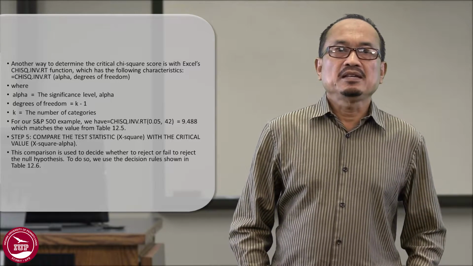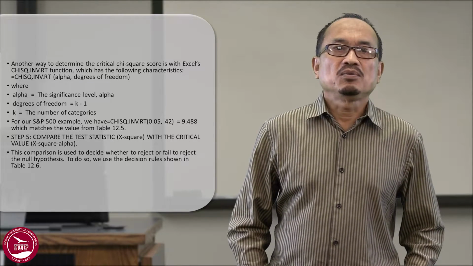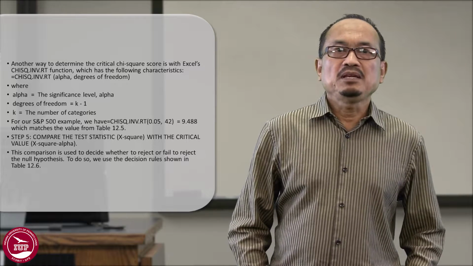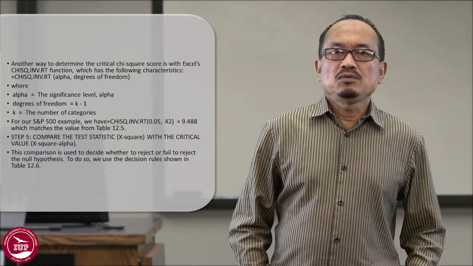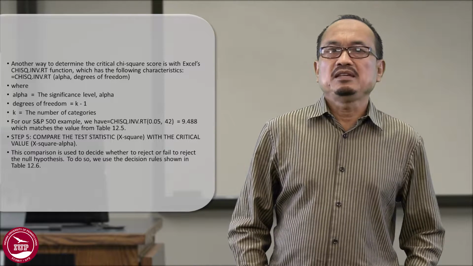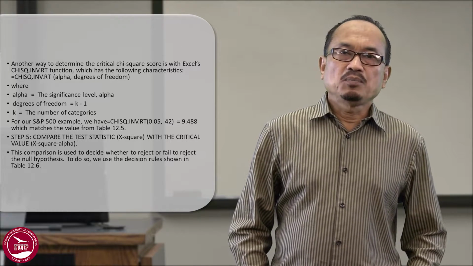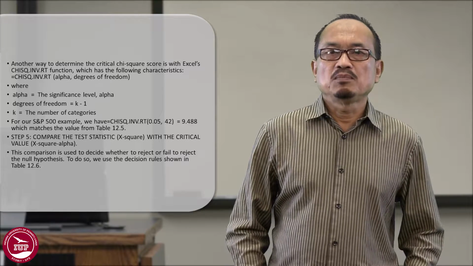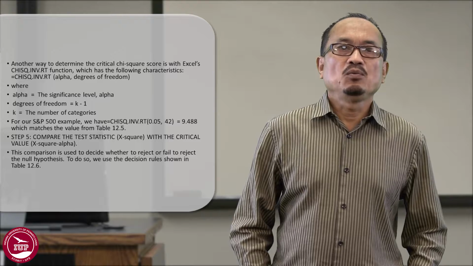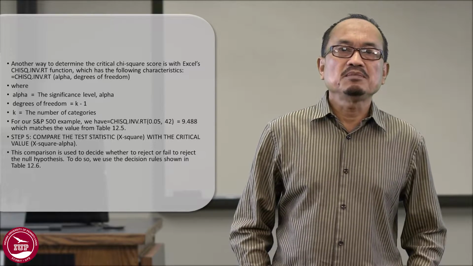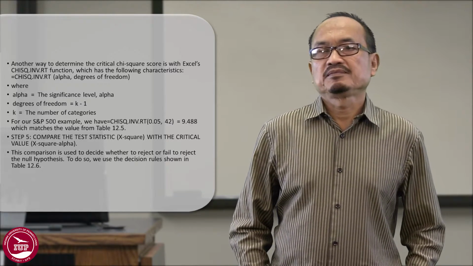In this case, k is the number of categories. For our S&P 500 example, we have CHISQ.INV.RT(0.05, 4) equal to 9.488, which matches the value from table 12.5.